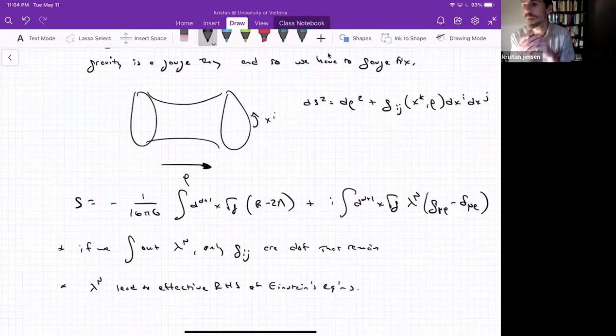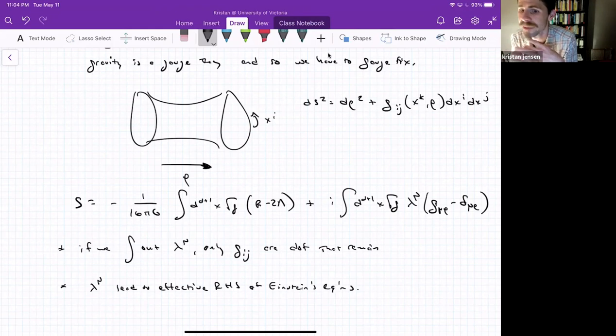Either way, leveraging this fact, if you keep track of what's going on, you can find a wormhole that's a solution to the equations of motion that's supported by the lambdas, by the gauge fixing degrees of freedom. So when we write these things down, we're really taking the sum over metrics, the path integral over metrics, seriously and seeing where it leads us.